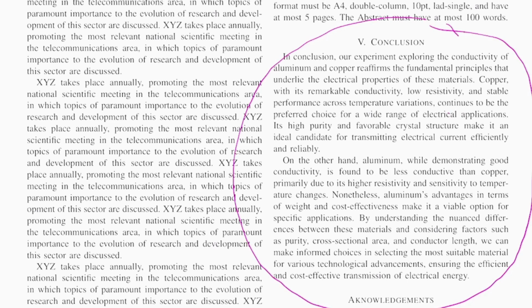So here, for example, with copper, we say, oh, it has remarkable conductivity. And then in the second paragraph, we're talking about aluminum, and aluminum has better weight, so it weighs less and therefore it's cost effective. Okay, so now we get the gist of what this manuscript is about.